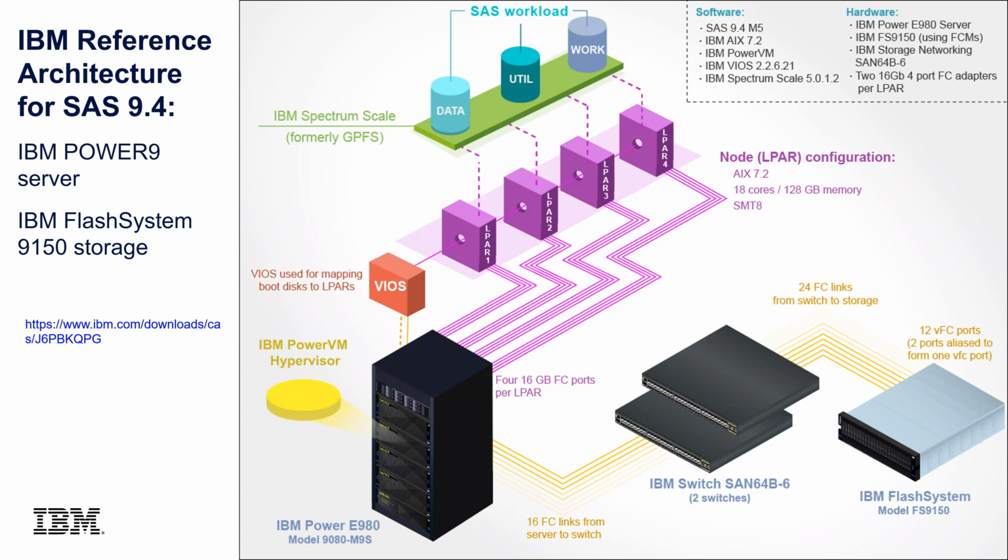And this is a visual depiction of what I just described to you that we built with our Power 9 systems and our all flash arrays with FlashCore technology. And this, as you can see, we have 4 LPARs. Those are 4 SAS grid nodes. An LPAR in an IBM world is just equivalent to a VM, in any other world a virtual machine, and logical partitions are what run on AIX.